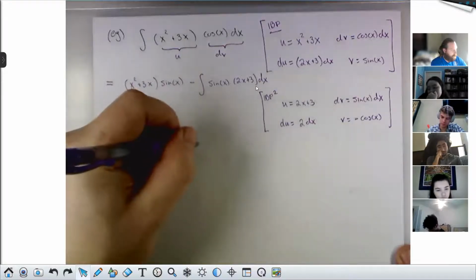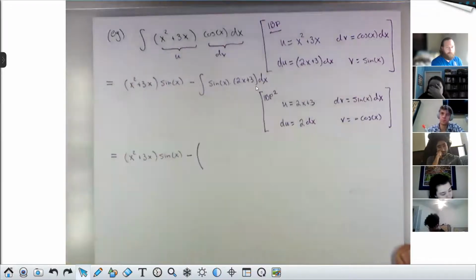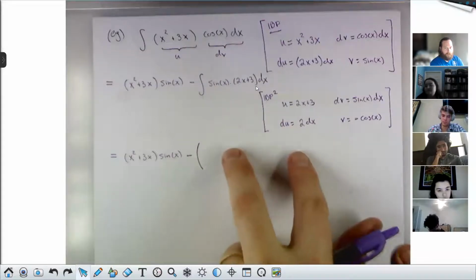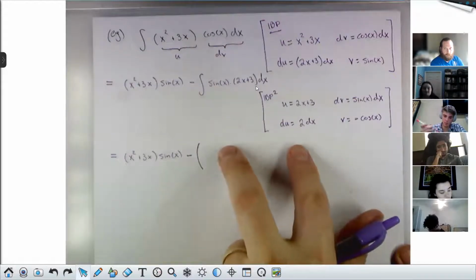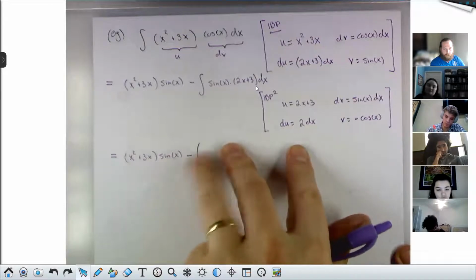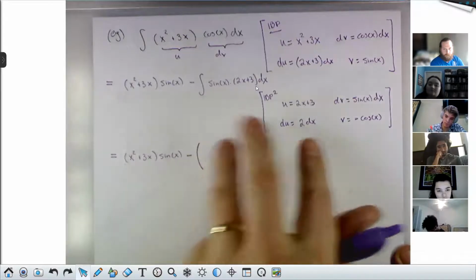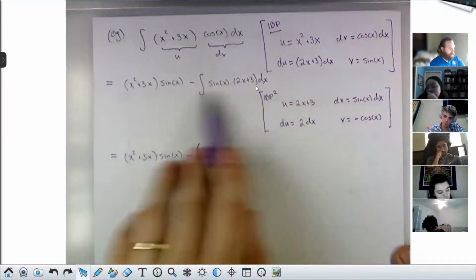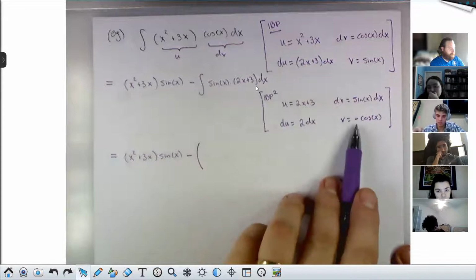So when you do this, open up a big parentheses. We're going to replace this integral by a difference of two pieces here, according to the integration by parts formula. And that whole thing is being subtracted. So we need this parentheses to tell us to distribute the negative through. This little integral is equal to its u times its v.